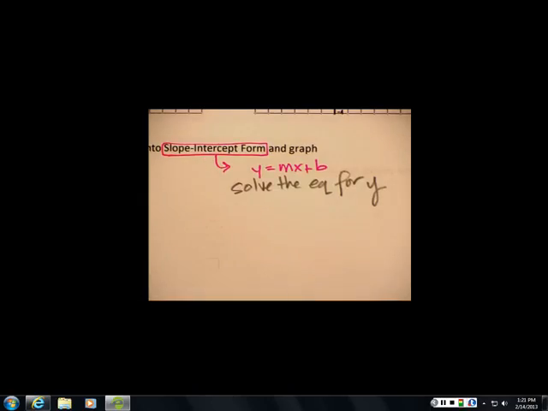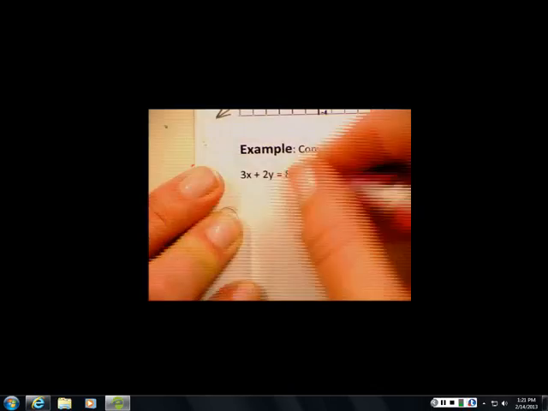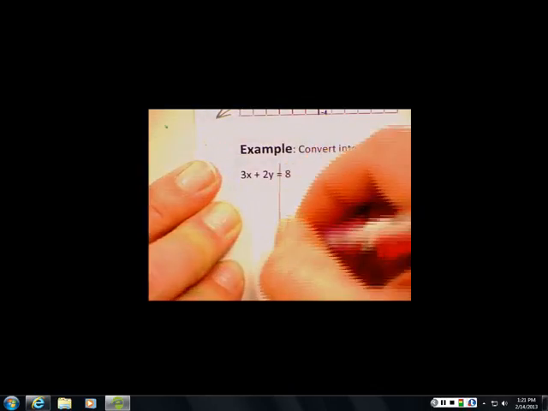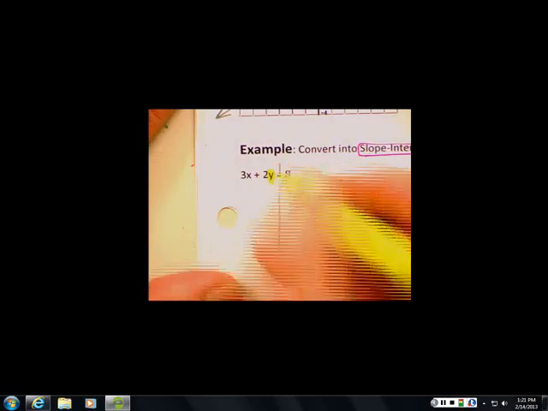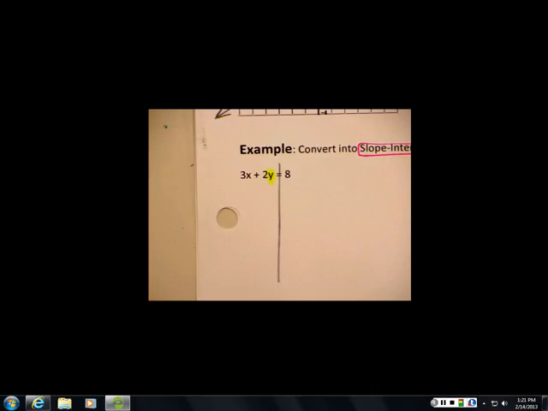So let's look at our equation. I am trying to isolate this y value, which means I have to get rid of all of the other stuff. I got to get rid of the 3x. I got to get rid of that too. And I'm just going to move all of that junk to the other side.